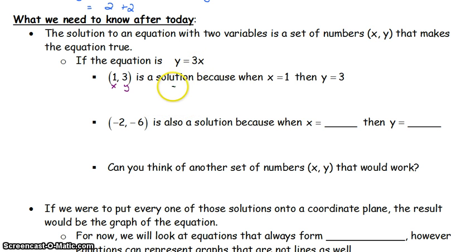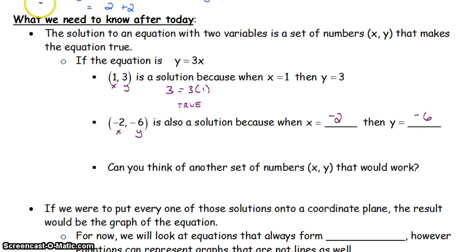We can check that. 3 times 1 is 3. That's a true statement. So this is one possible solution to the equation. There are other solutions as well, though. In this case, negative 2, negative 6 is also a solution, because here x equals negative 2 and y equals negative 6.